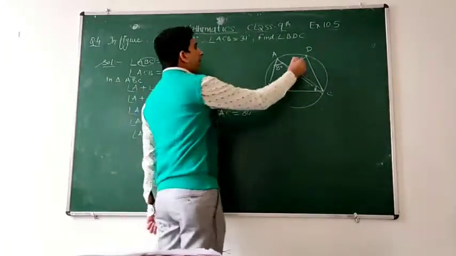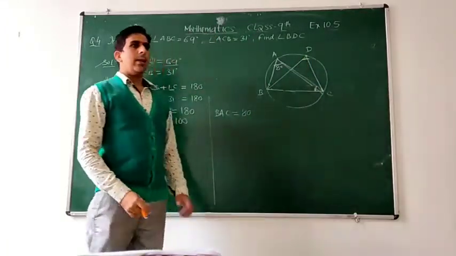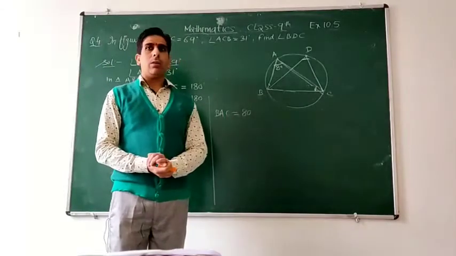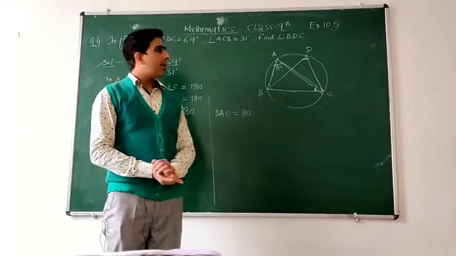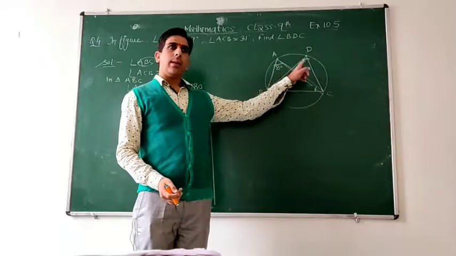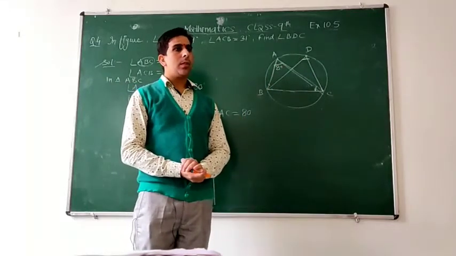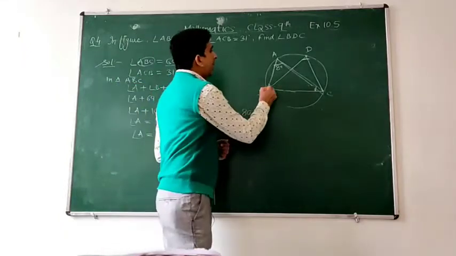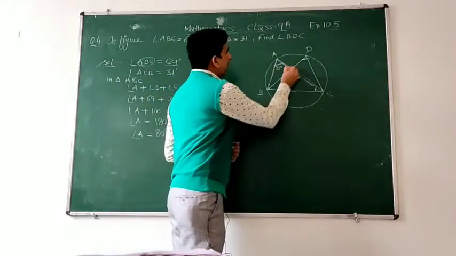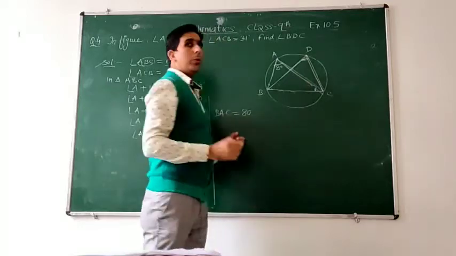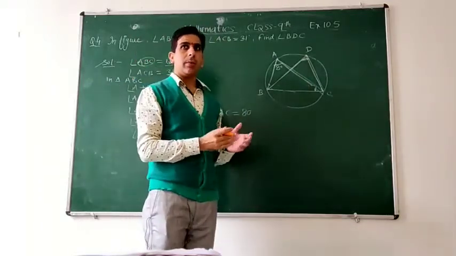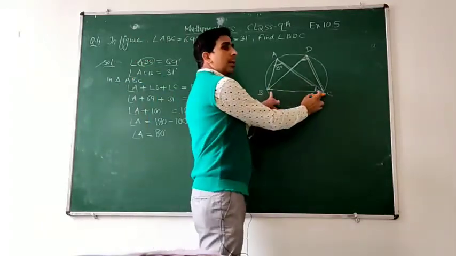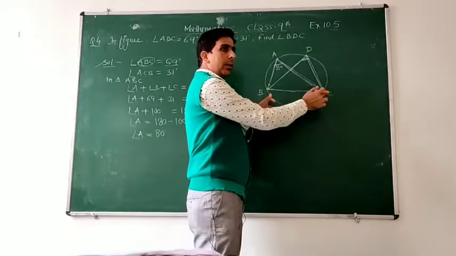You can see angle D and angle A, both angles are of the same segment, right? Angle A and angle D are both in the same segment, or both angles are subtended by arc BC, right?